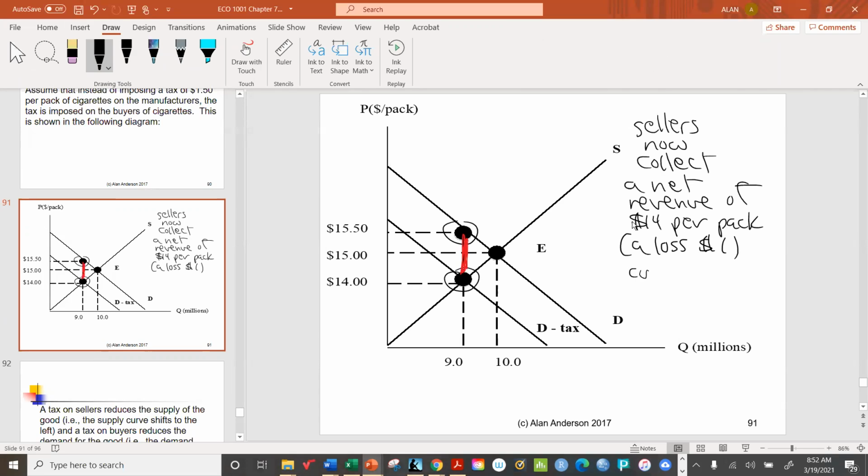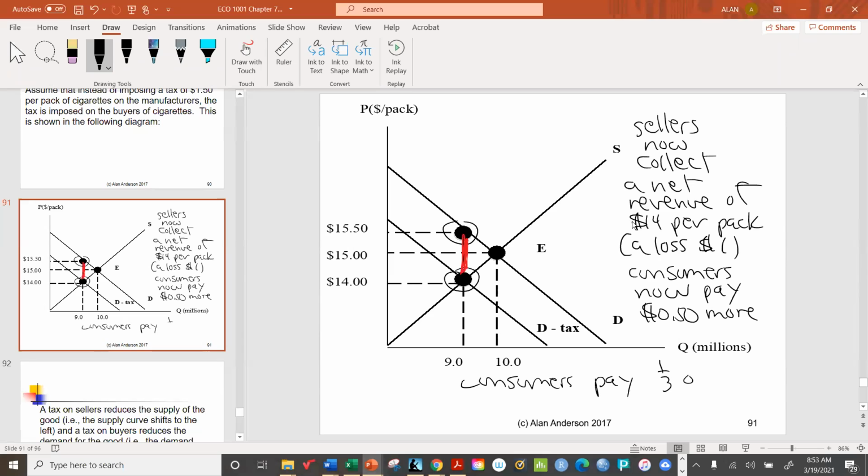And consumers now pay 50 cents higher prices for the cigarettes. So the total, again, is $1.50, but in this case, consumers pay only 1/3 of the tax, while of course producers pay 2/3.